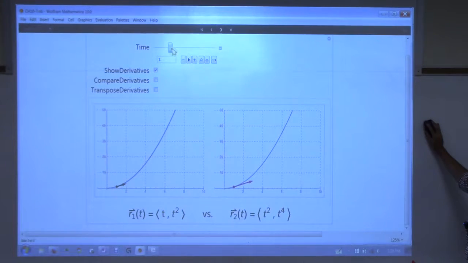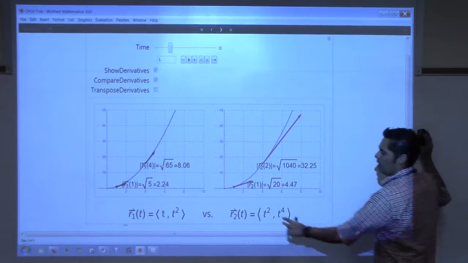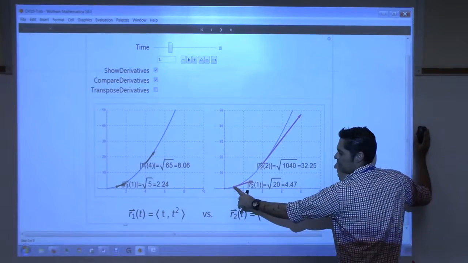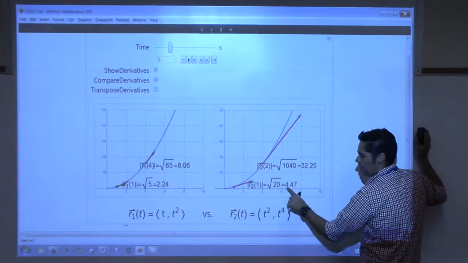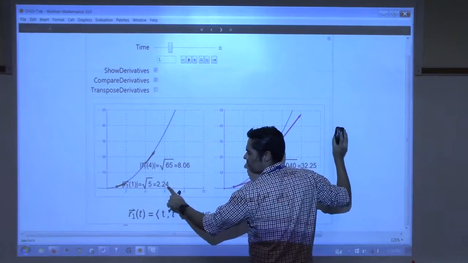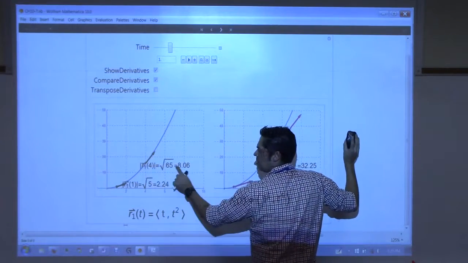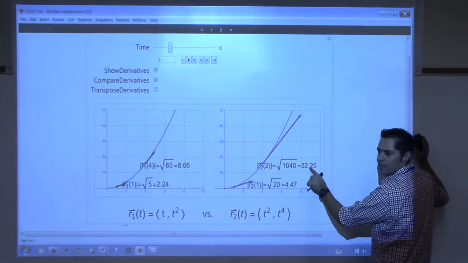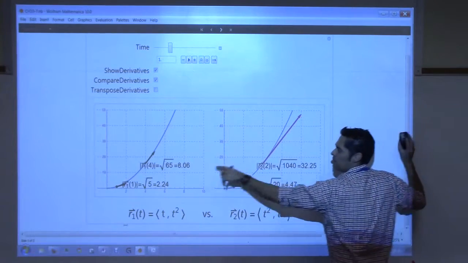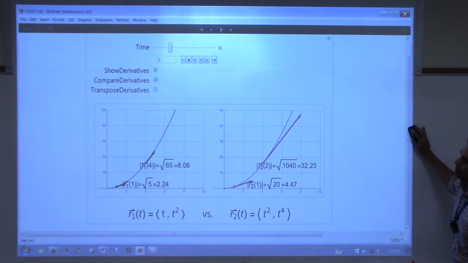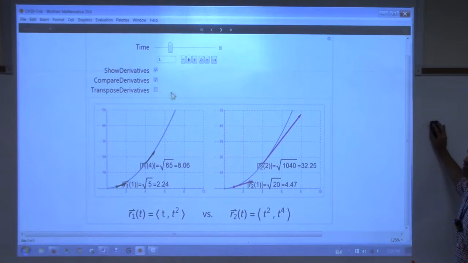I think you get the idea. I can compare them at different values. At this point, the length of the vector function is 4.7. Here, it's 2.24. If I go up to this point, it's 8.06. But at the same point over here, it's 32. So this length's bigger than that. I don't need to show you any more. Are you comfortable with that?